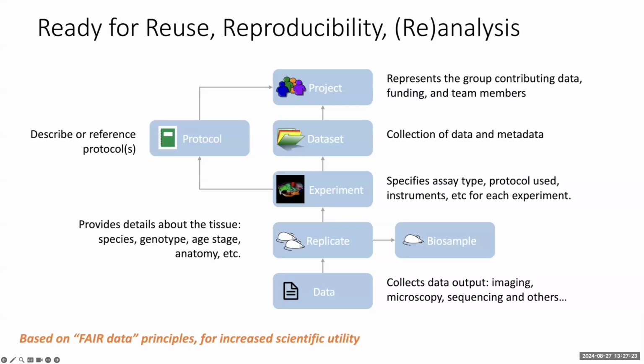But these are the groups that are contributing data, and beneath that are data sets. One project may be conducting an overall study, and they may produce more than one data set. A data set could be one phase of an overall study or funded research activity.